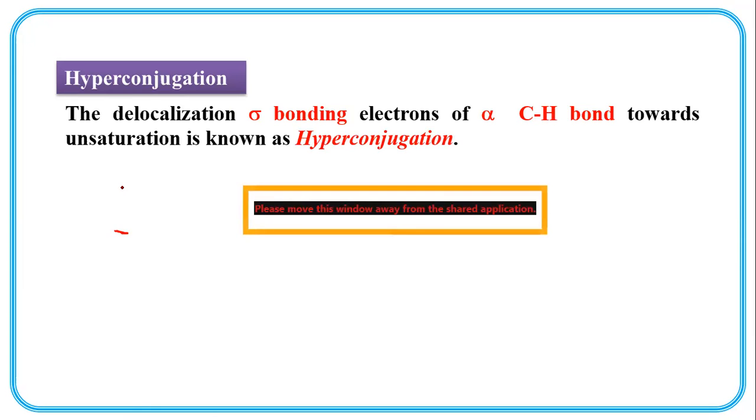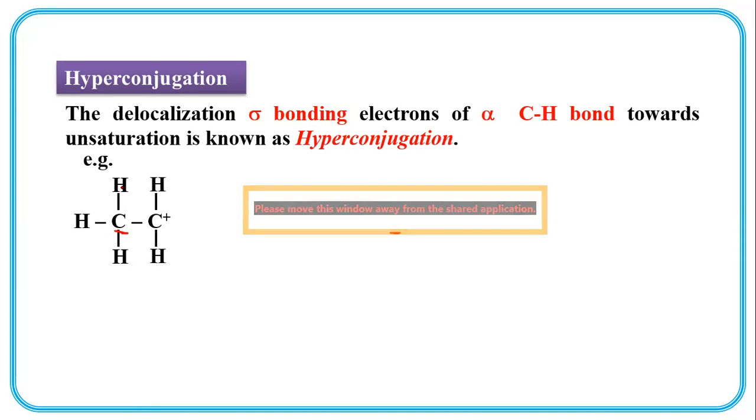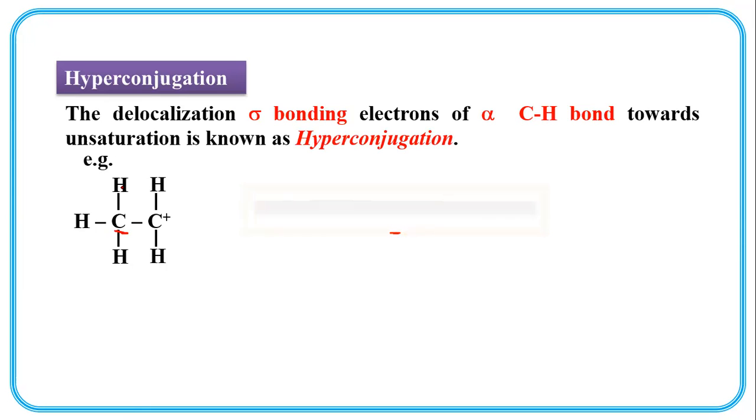Hyperconjugation. The delocalization of sigma bonding electrons of alpha C-H bonds towards unsaturation is known as hyperconjugation. For example, this ethyl carbocation.